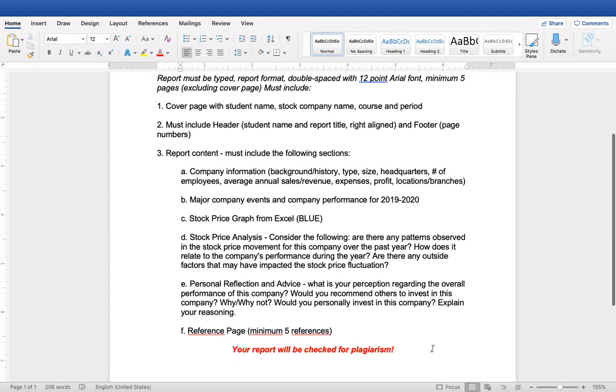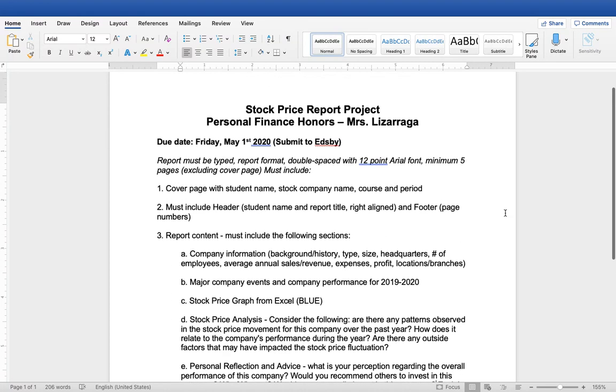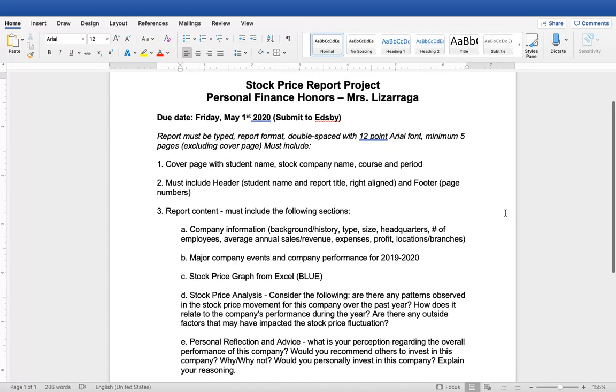Your report will be checked for plagiarism, so please do not just copy and paste information. And of course, do not copy and paste from each other. A lot of the information in this report will not be your own that you developed or created yourself. You're going to be taking information from sources. That's why you're going to have a reference page. But present it in your own words.